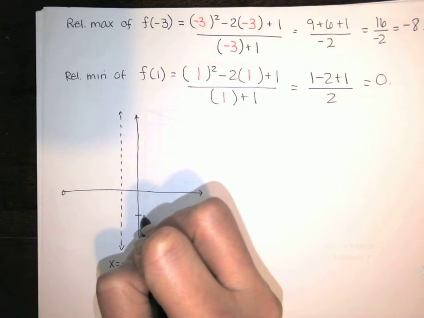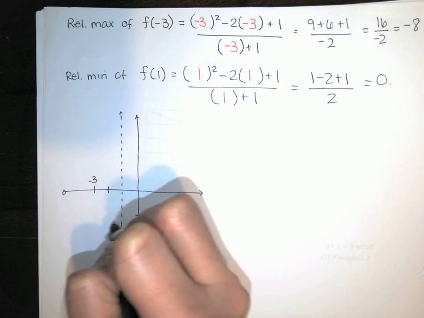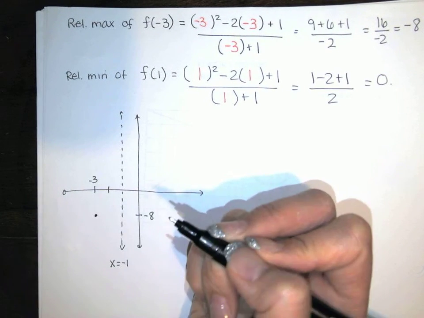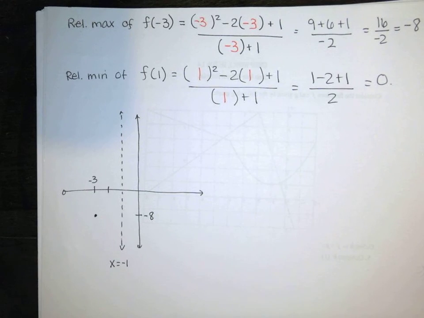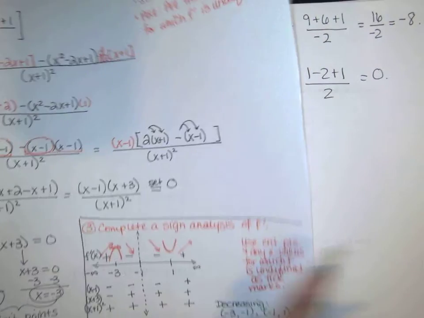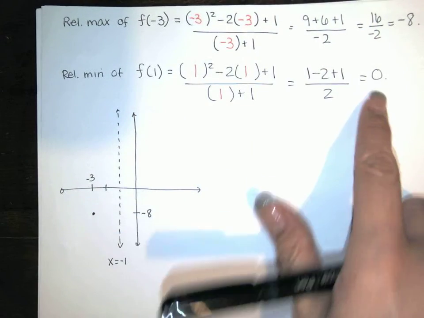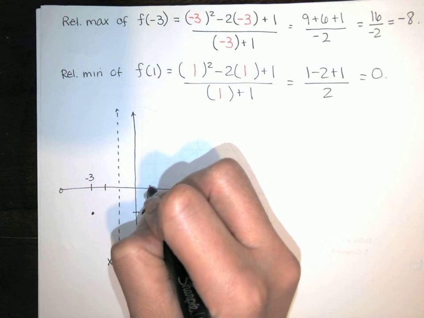I know it doesn't seem like much of a max, but I guess it is. This is not to scale. And over here, what do we know over here? We know that at x equals 1, we've got a relative min of 0.